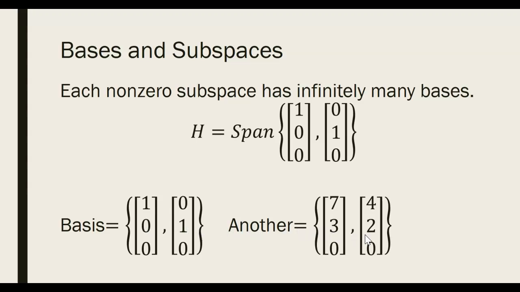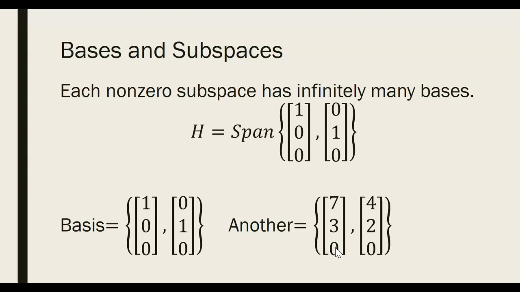But it turns out this is another basis. It's not just a scalar multiplied by a vector, but you can show by row reduction that these two vectors would in fact row reduce to this one.